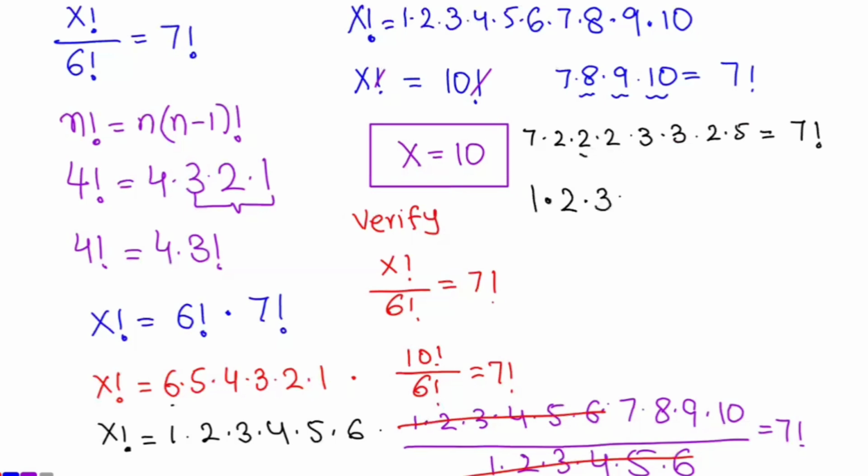Now 4 I want, so I am going to multiply this, and then 5. Then 2 times 3 times 6 times 7 is equal to 7 factorial. So this is the factorial of 7. 7 factorial is equal to 7 factorial. So this left-hand side equals the right-hand side. So the value of x we found is absolutely correct.